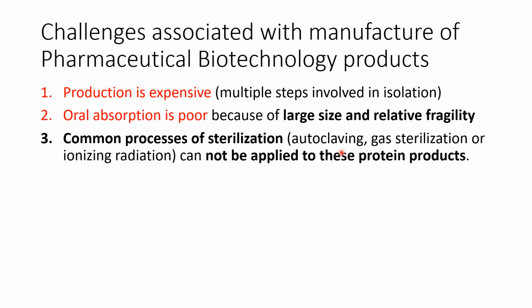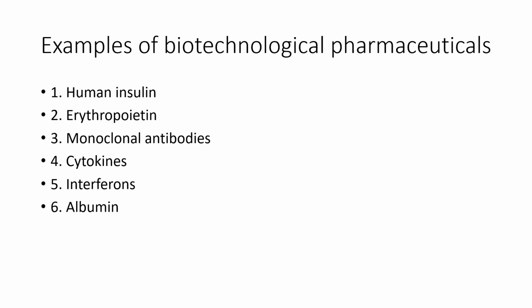Because, for example, an autoclave uses heat, maybe 121 degrees for 15 minutes, and proteins cannot withstand that. Proteins tend to undergo thermodegradation. They are thermolabile, so sterilizing them by such processes would render them ineffective. So these are some of the challenges associated with the manufacture of biopharmaceutical products.